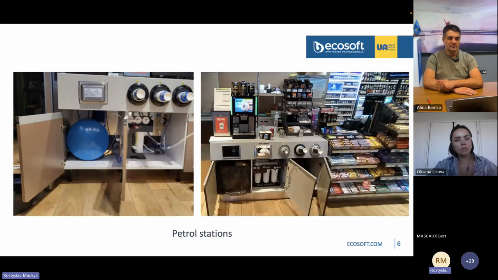Many years ago, like 5 years ago, we agreed with Okko on a special project that Ecosoft equips all petrol stations with water filtration units. And these water filtration units belong to Ecosoft. So these units that you see, the Robust, they belong to us.